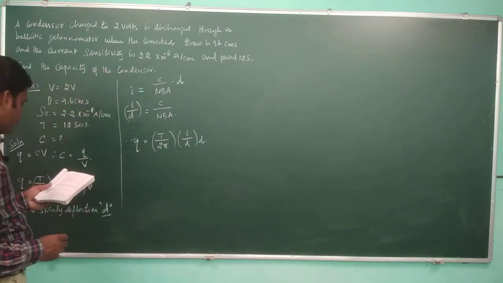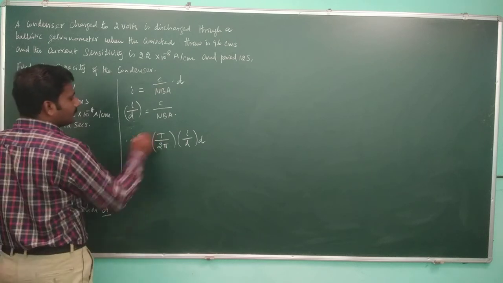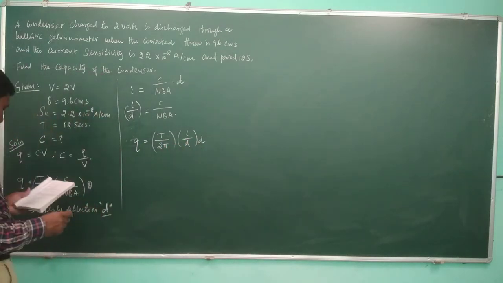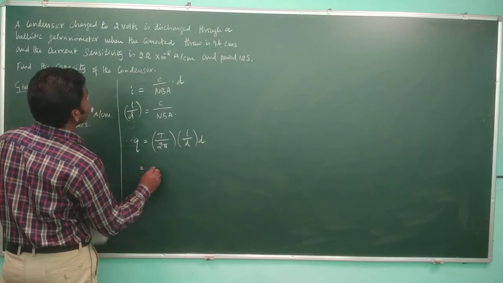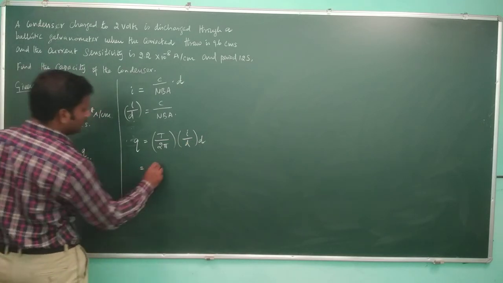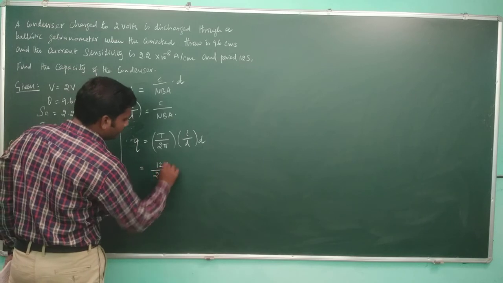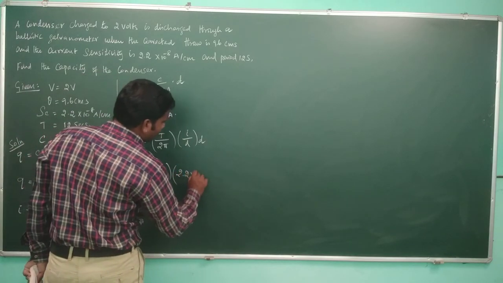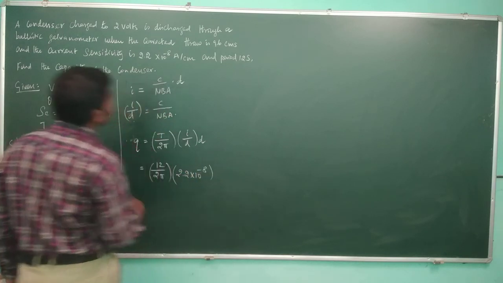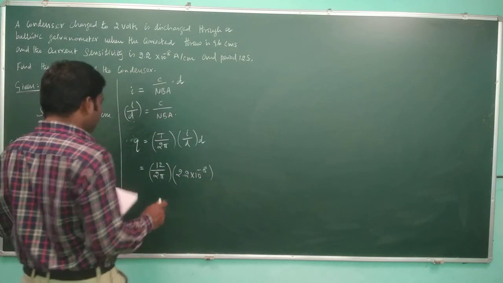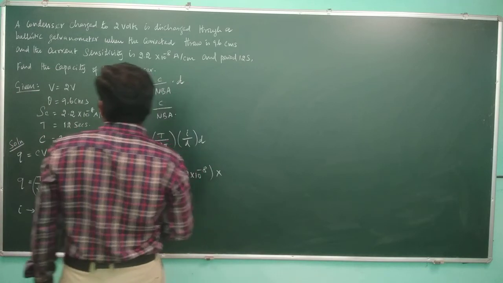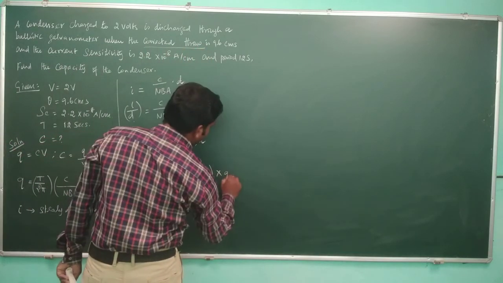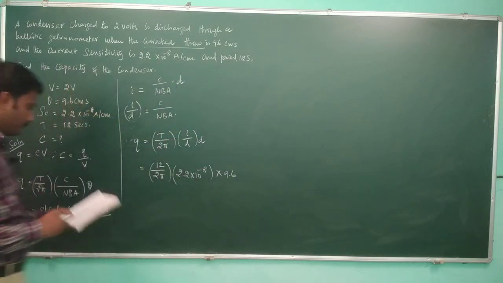Fine. Now here we can substitute T, I by D, and theta, all these values, and we will get Q. What is that? T is 12 seconds, right? T by 2 pi is 12 by 2 pi. I by D is nothing but 2.2 into 10 power minus 8. Then what is theta? The actual corrected throw, that is 9.6. Right?